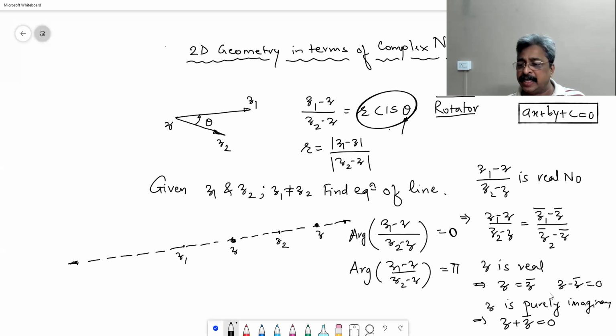If z is real, z minus z bar is 0. If z is purely imaginary, no real part, then z plus z bar is equal to 0. This is very important.